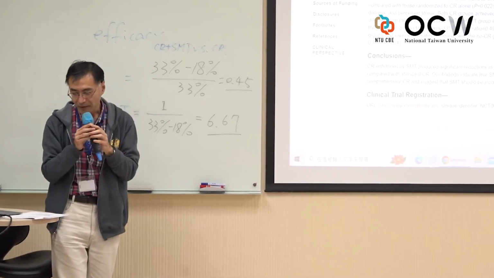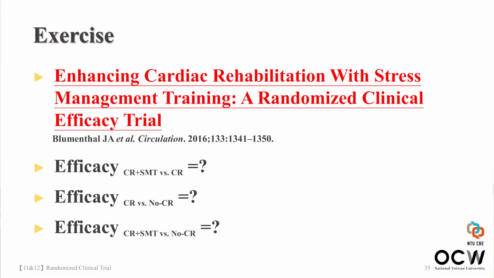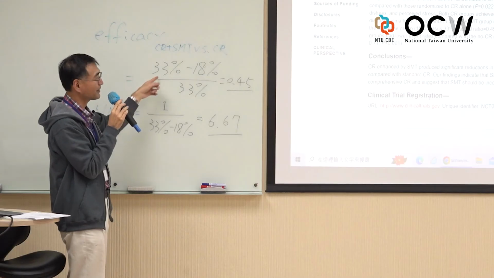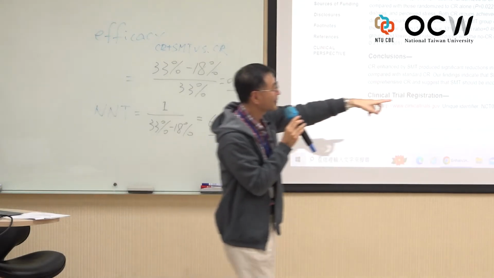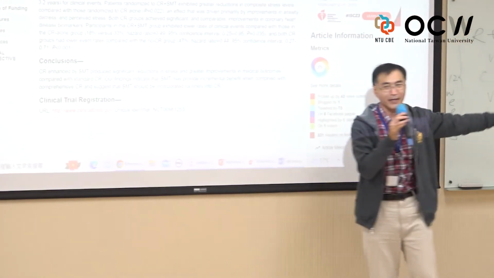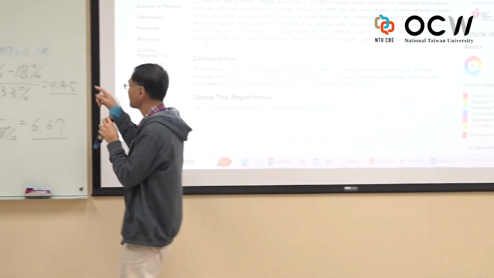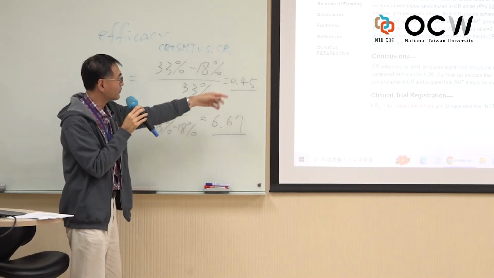Okay, so the first one, practice, could you prepare your paper? The efficacy of CR plus SMT compared to CR: the baseline is 33%, right? That's 33%, minus 18% here, divided by 33%, so 0.45.